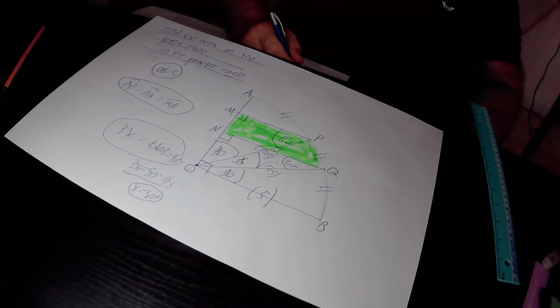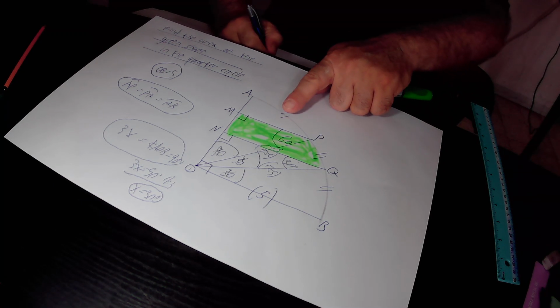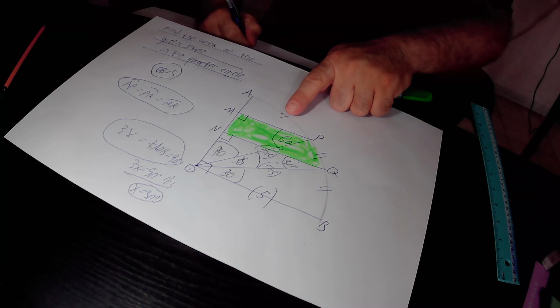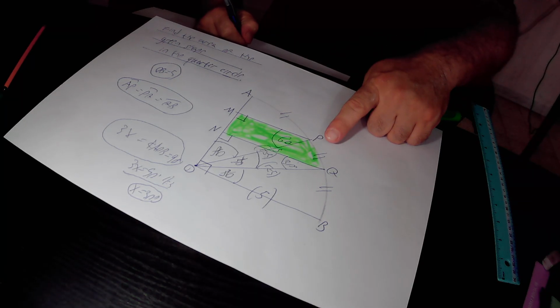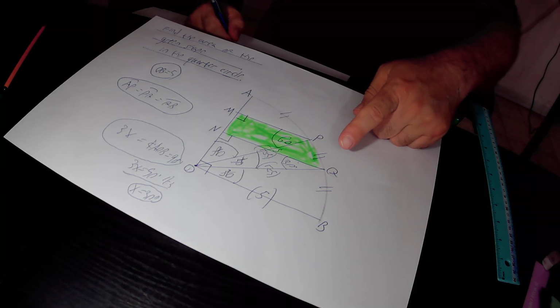The area of the green shape in total is equal to the area of the green quadrangle MNSP plus the area of this small green shape PQS.